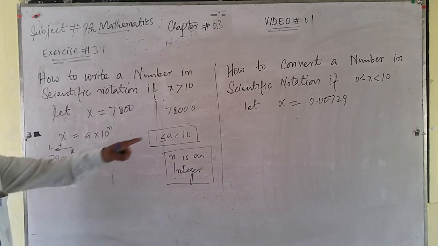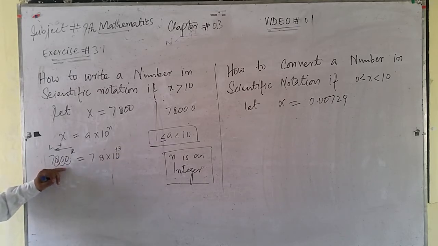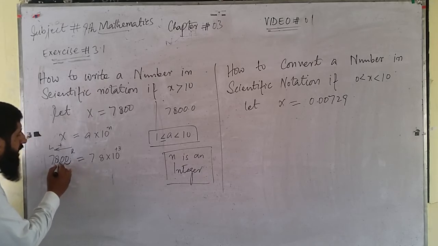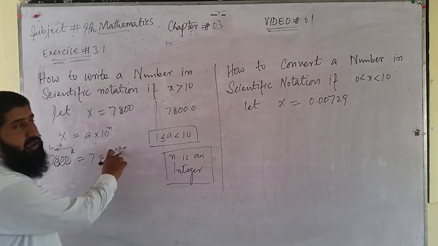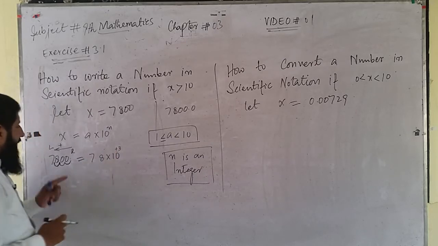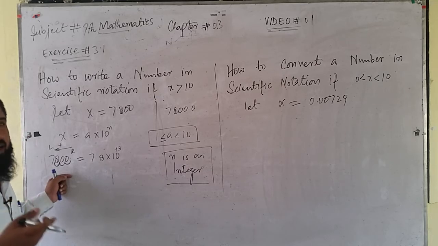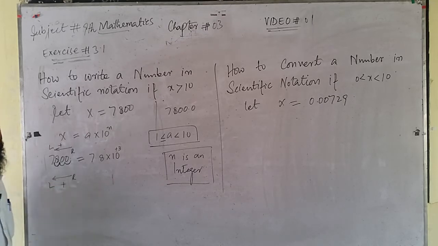In the negative case, we will discuss it later. So it should be kept in mind once again that we have moved the point through 3 digits, so we place 3 here, 10 power 3. Whether it is positive or negative depends upon the direction of movement. Its direction is from right towards left, so the integer will be positive.